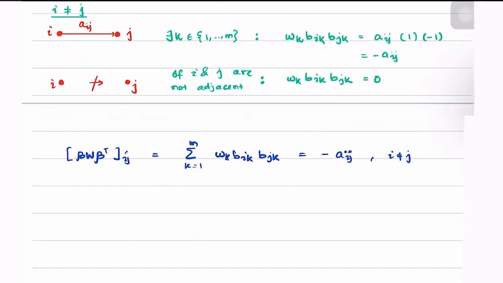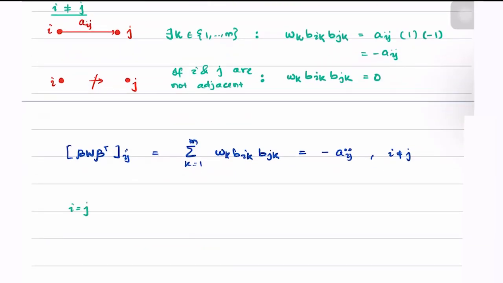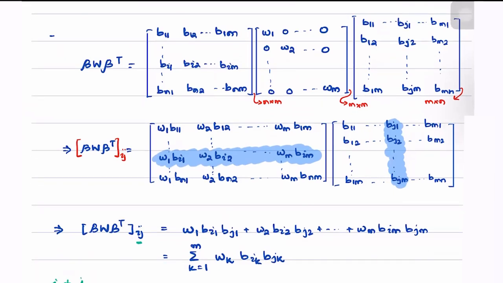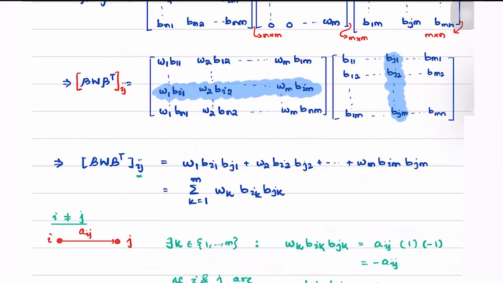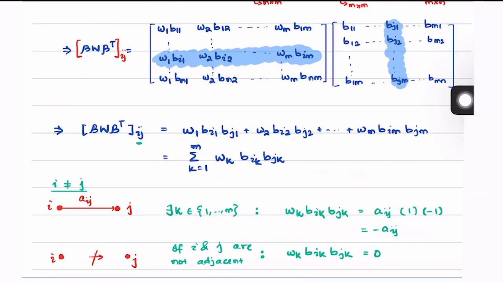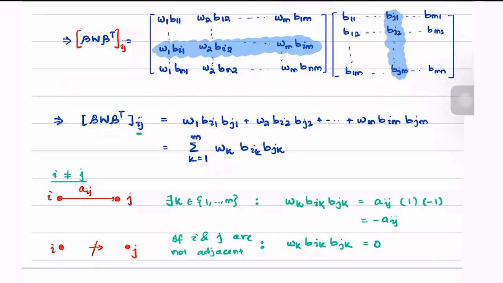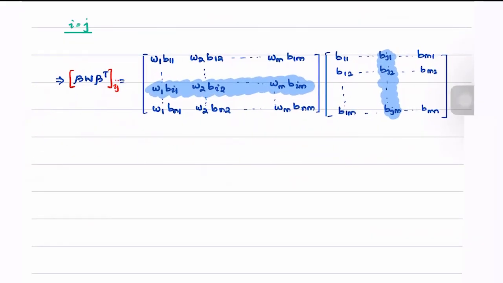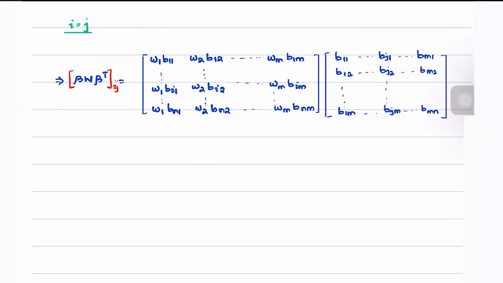Now, what if I is equal to j? Let's consider that case. Meaning, in this product, for I and j to be equal, we are now looking at the diagonal entries. Meaning in our product, we consider entries in this manner. Let me borrow this matrix and write it here. So if I and j are equal, we are specifically looking at the products in this manner.